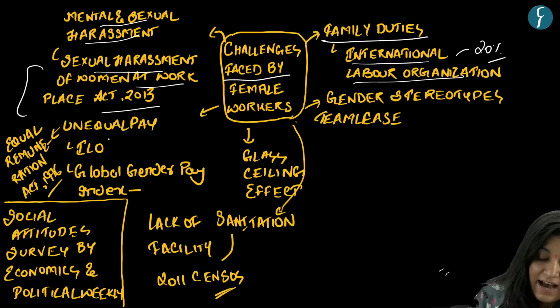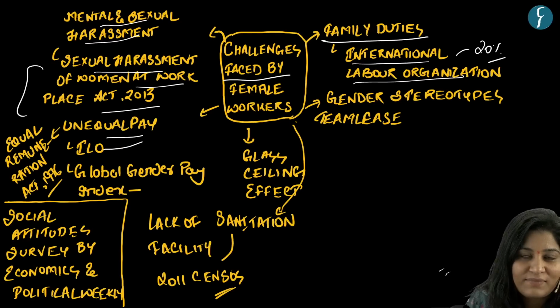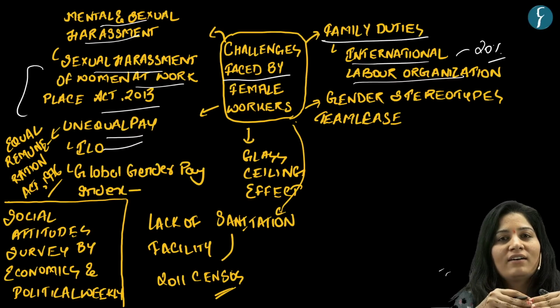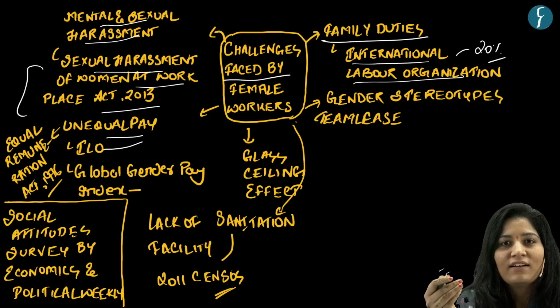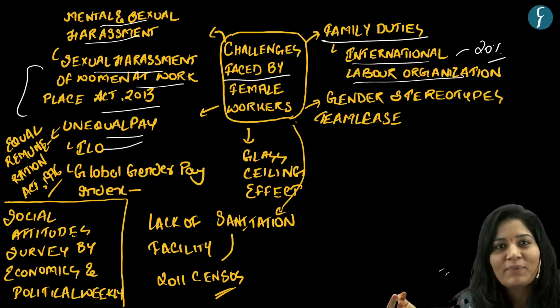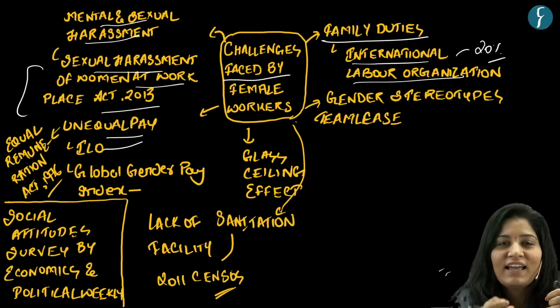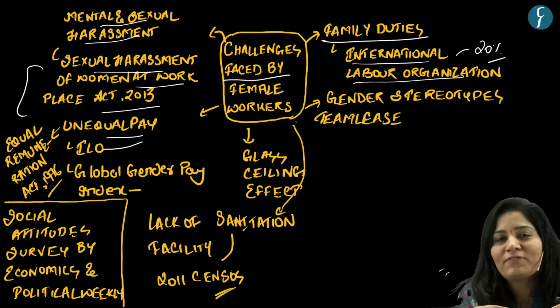Next is unequal pay. Another challenge is unequal pay. Because of patriarchal mindset, males are getting more wages than females, because there is an underlying notion that males are more productive than females.